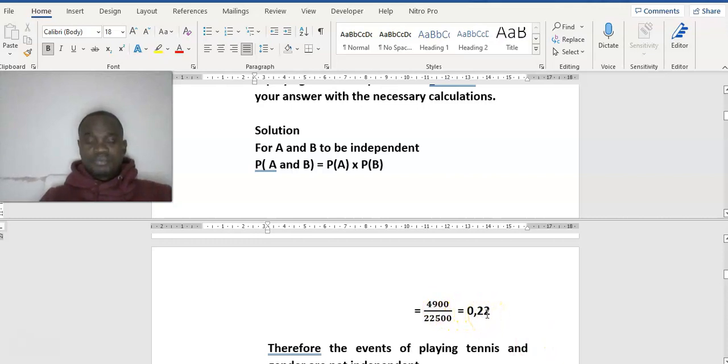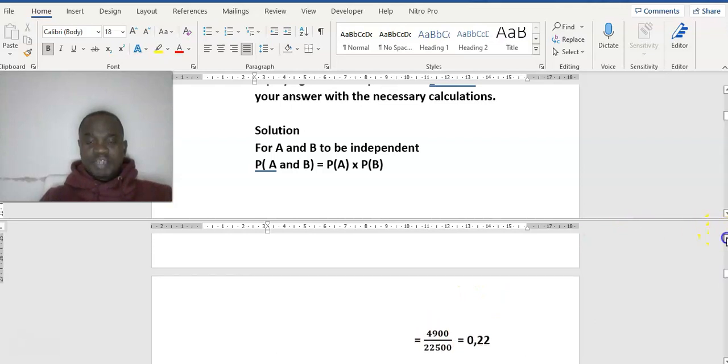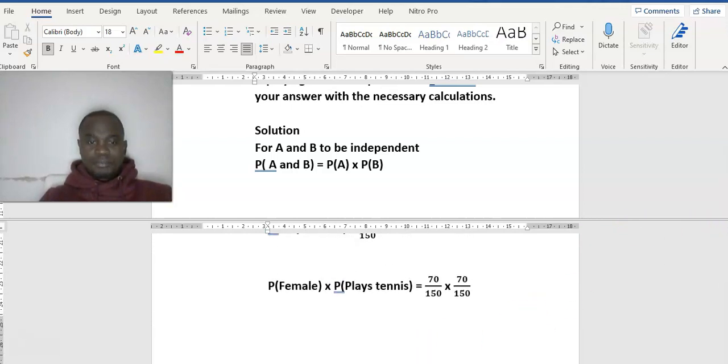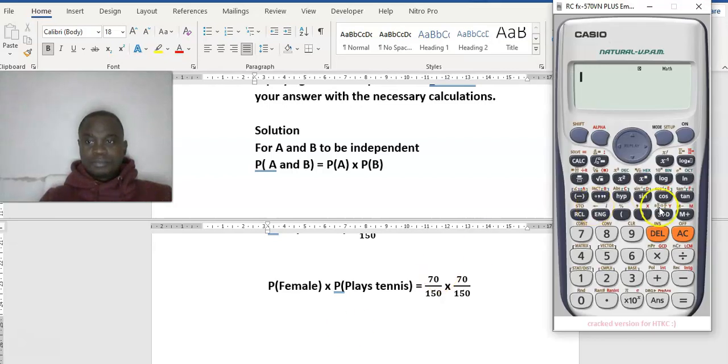This is going to give us 0.22. Let's multiply these two and see: 70 over 150 times 70 over 150. This gives us this value.